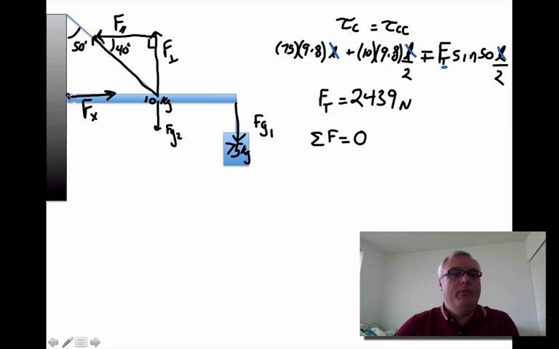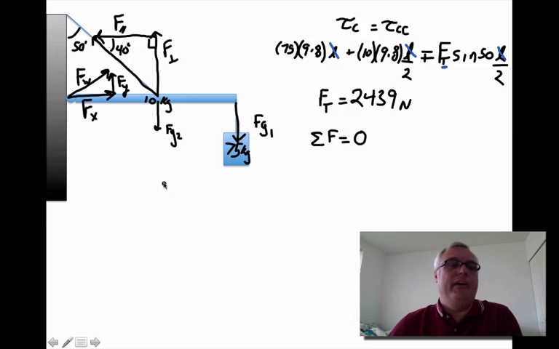Now the wall might also be exerting a force up or down. Okay, this pole might be trying to twist a little bit, so there could be a wall force in the y direction as well. So the force exerted by the wall would be this vector here. So how do I find those components? Well, I already know that the x component is equal to the parallel component of tension, which is going to be the tension force times cosine of 40.